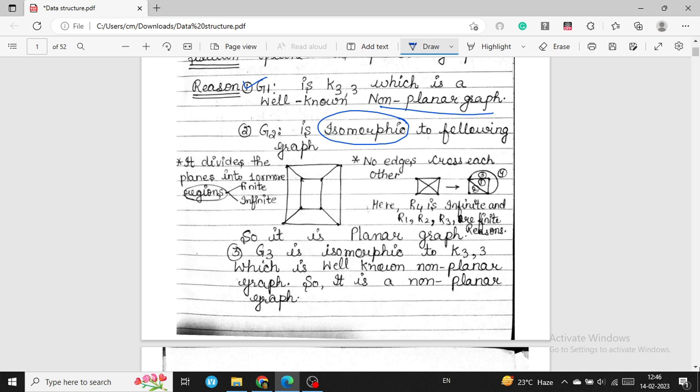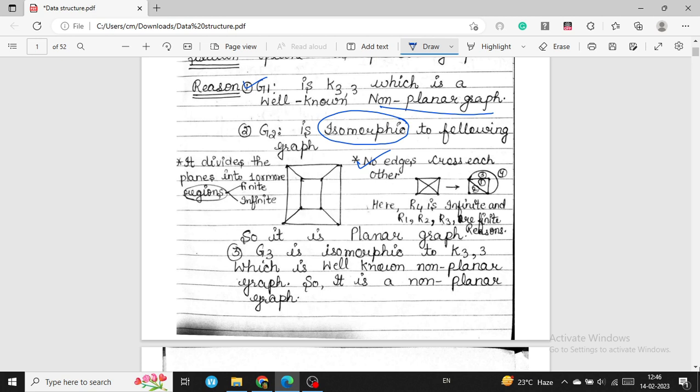It divides the plane into one or more regions, and regions may be finite or infinite. Those regions which have finite edges are known as finite regions, and those in which we draw infinite edges are known as infinite regions. And no edges cross each other for a planar graph.